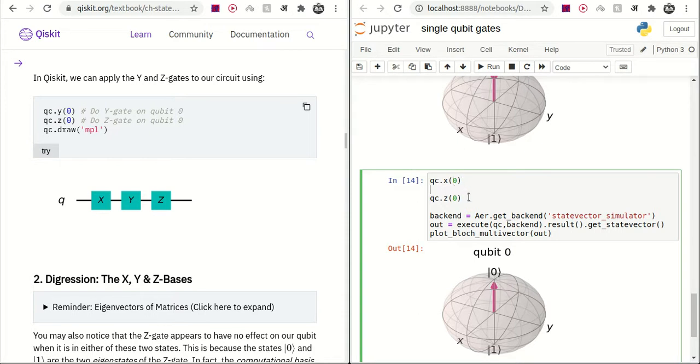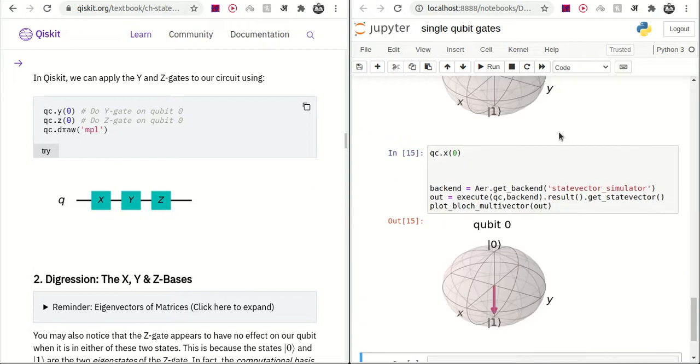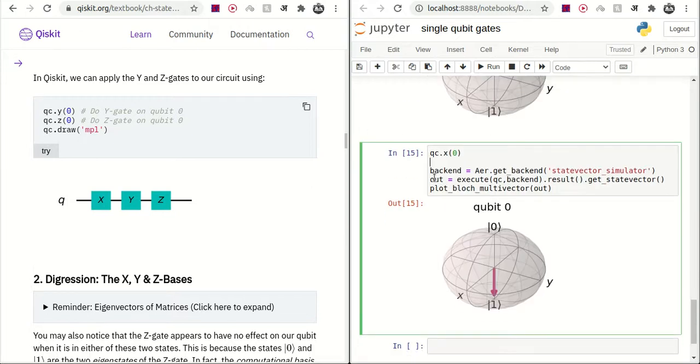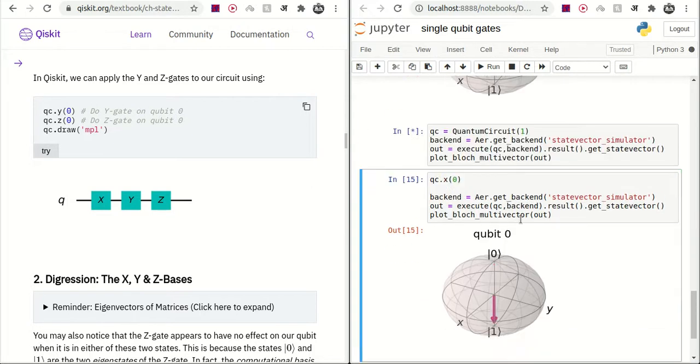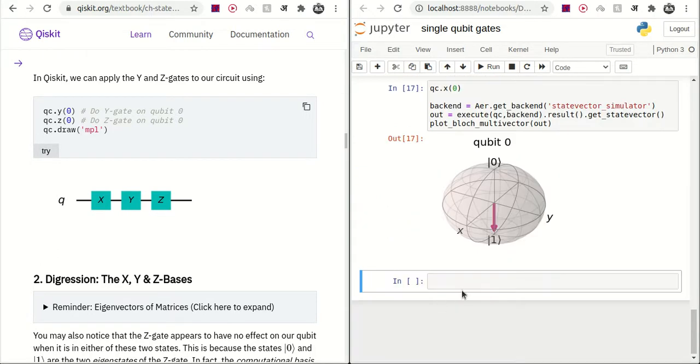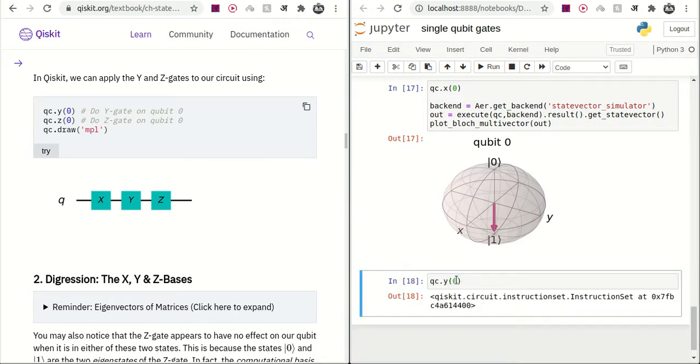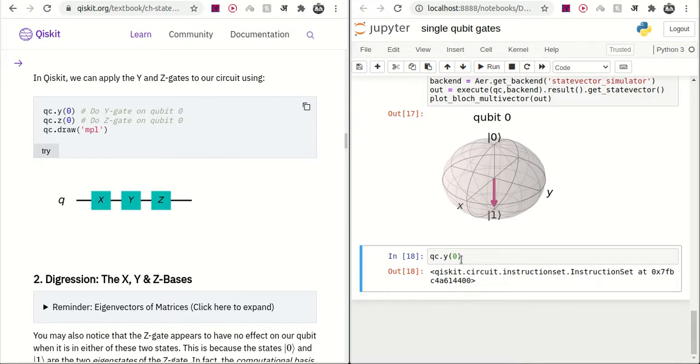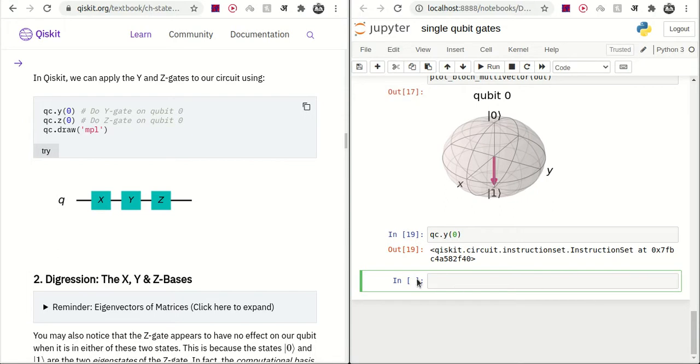Now this is something wrong, so we have to initialize here, so we have got 1 and then we apply x, then we put QC dot y 0, and we paste it.